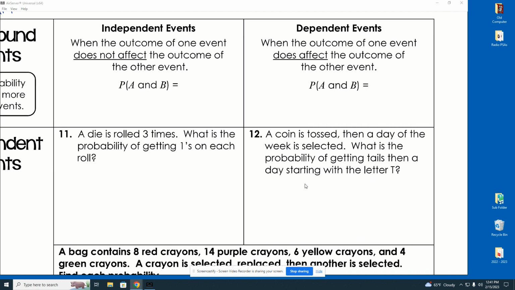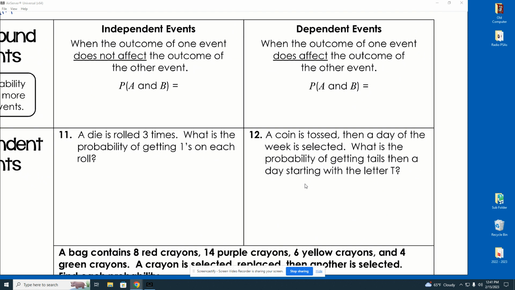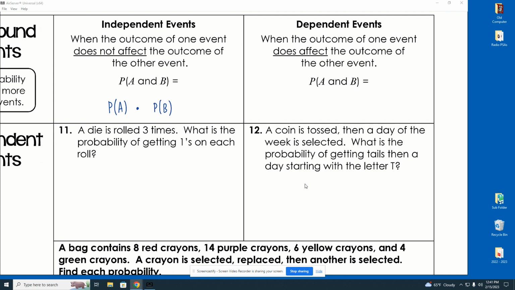So the formula, if you will, for an independent event is you simply take the probability of A and you take the probability of B and you multiply them. Multiple events, multiply the events. Now, dependent is the same thing, kind of. It's the probability of A times the probability of B after A occurred.